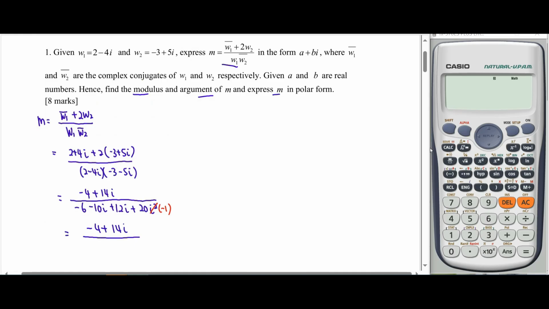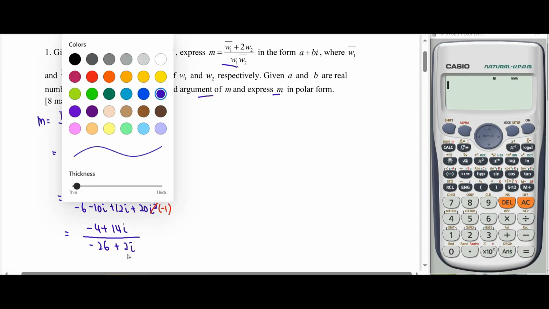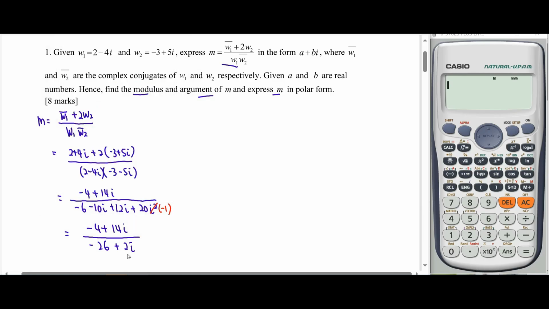So lastly, our denominator here, our real part will be negative 6, negative 20, so negative 26. The imaginary part here, plus, minus, we have positive 2i. So now you can notice that our complex number is in division. So when we're doing the division of complex numbers, we need to multiply with its conjugate.